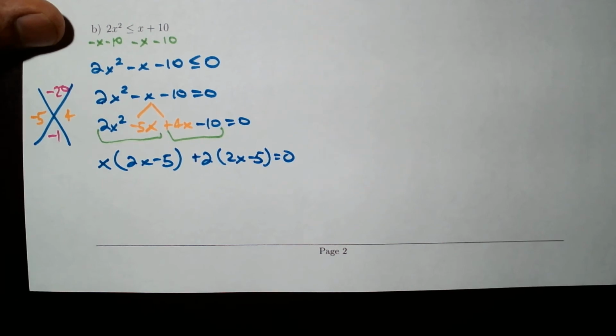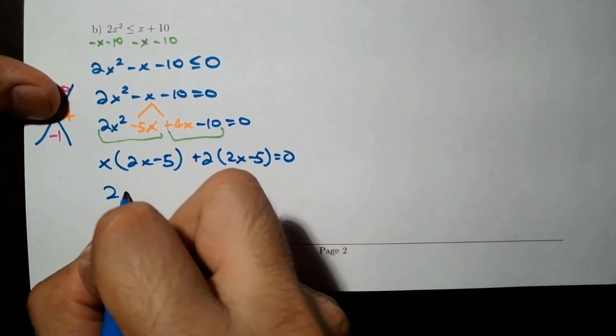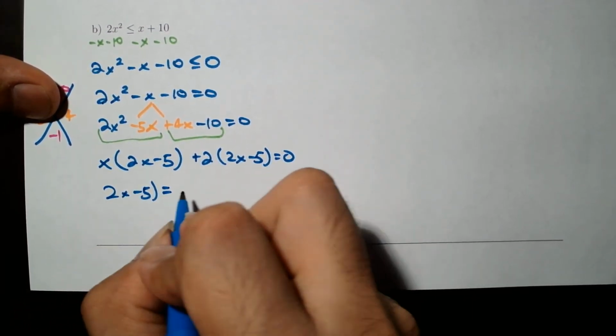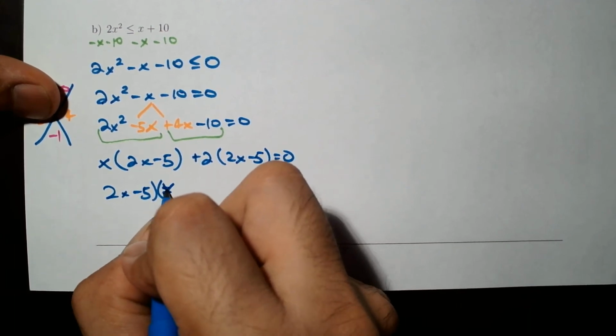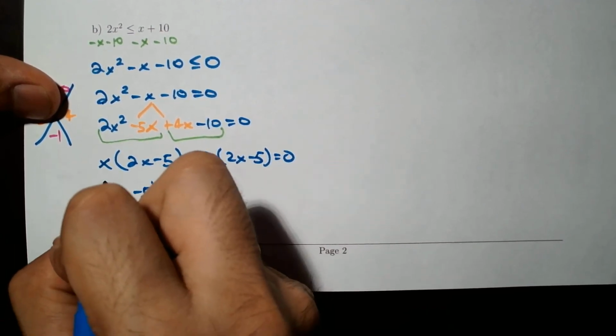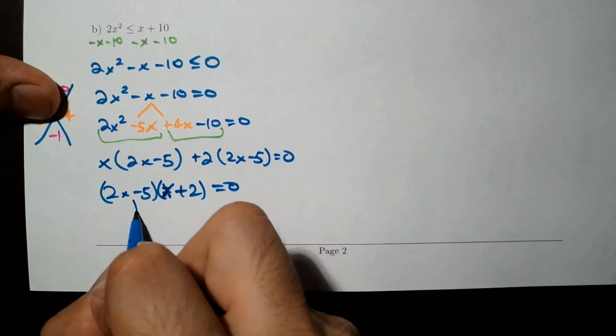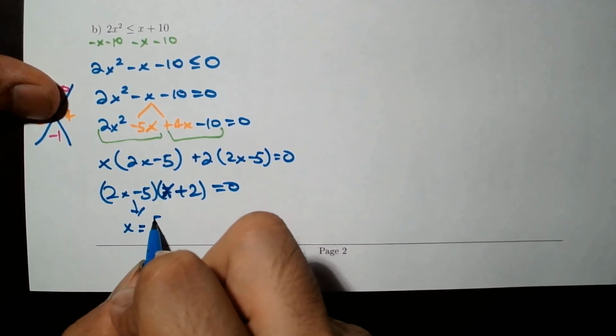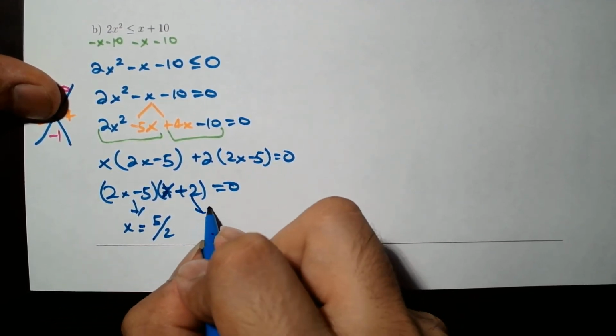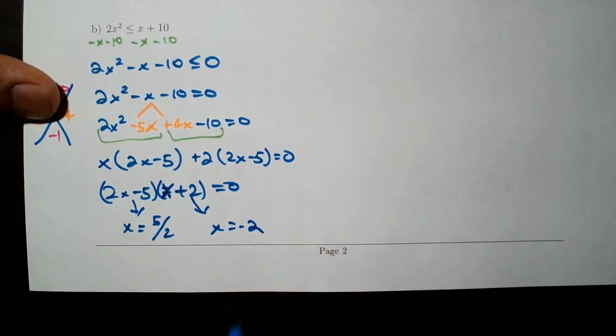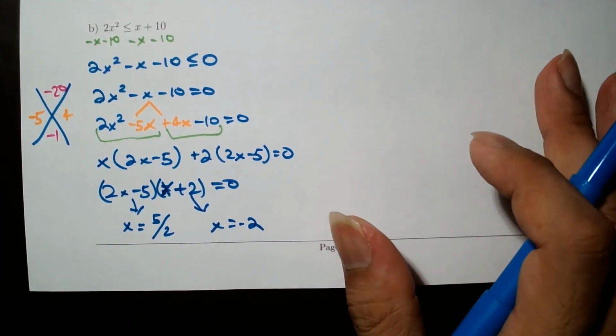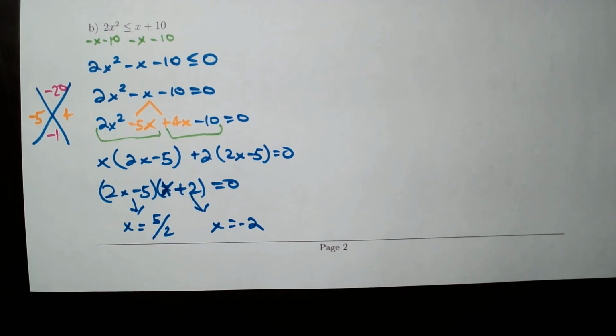That means we're going to get the following: 2x minus 5 times x plus 2 equals 0, which means x equals 5 halves. Over here, x equals negative 2. Alright, let me go back to the steps to solve this type of inequalities.